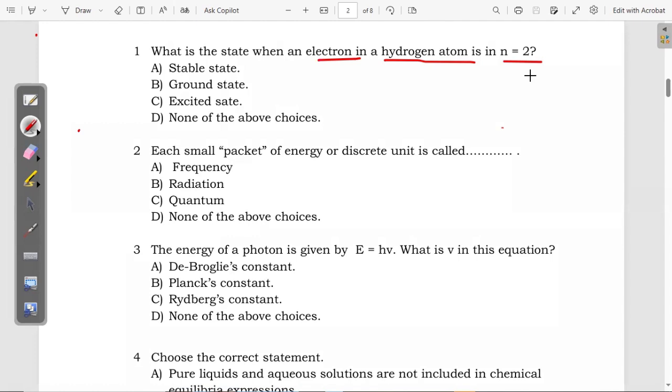If it's in N2, and that electron is in the hydrogen atom, would that state be called a stable state, a ground state, an excited state, or is it actually none of the above? What do you think?